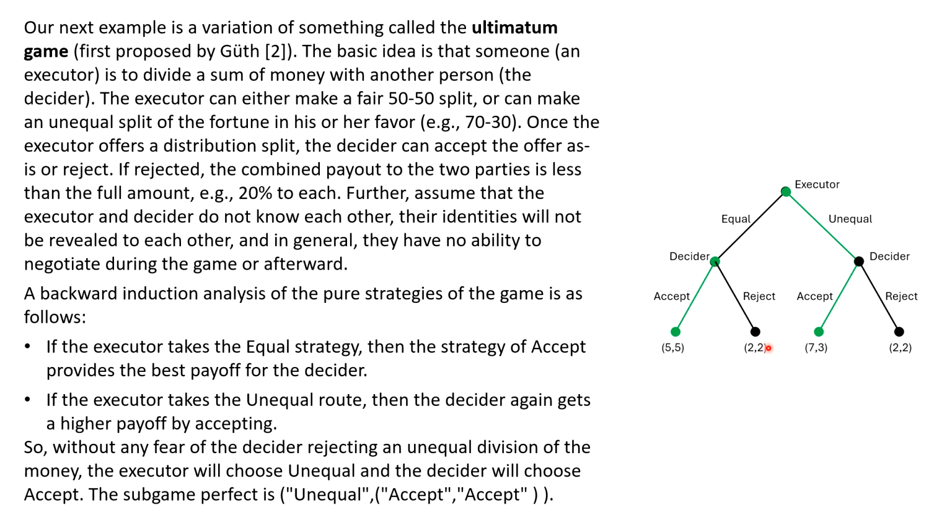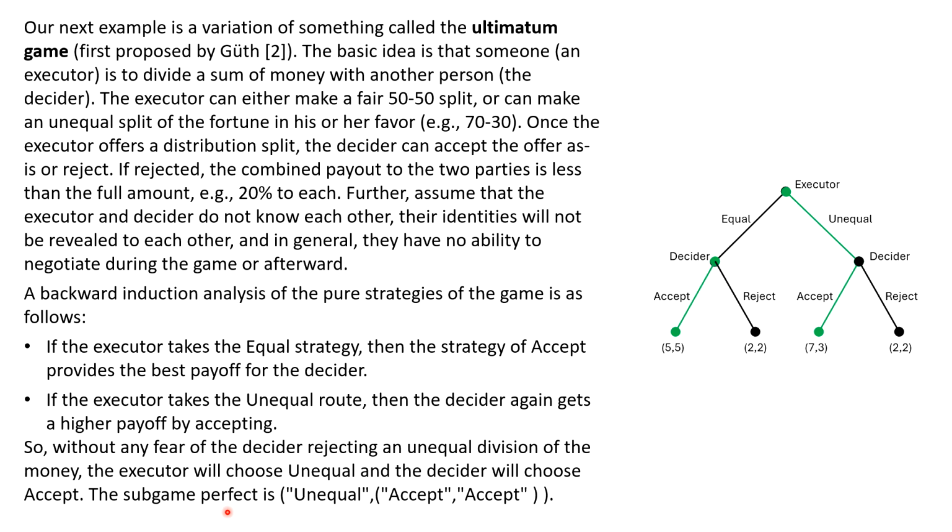So we have 2 accepts on either branch, and the executor looking at this would say, well, if I do equal, I'm going to get 5, but if I do unequal, the decider is still going to accept just following this logic here, and so I'm going to go with unequal. So this is sort of the path.